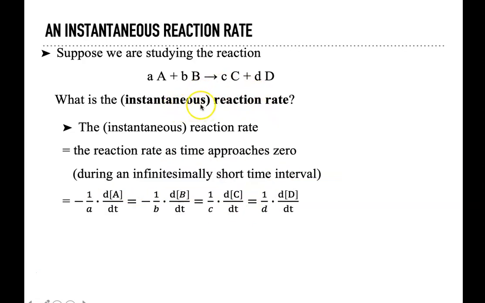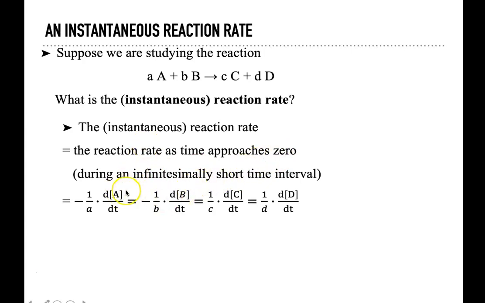Now what about the instantaneous reaction rate? Many times we are interested in instantaneous change. The instantaneous reaction rate is the reaction rate as the time duration between two measurements becomes infinitesimally small. We measure once and right after that we measure again.